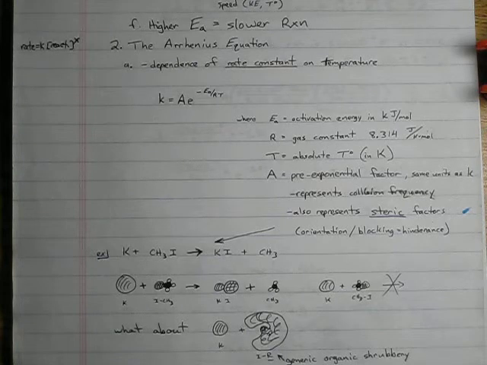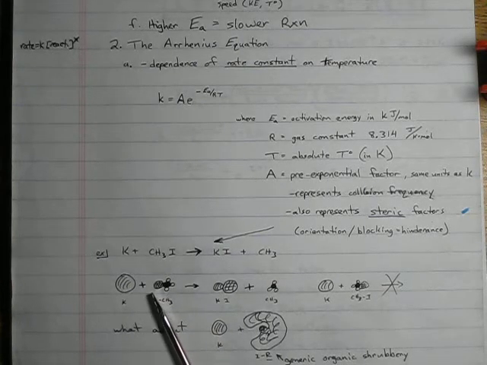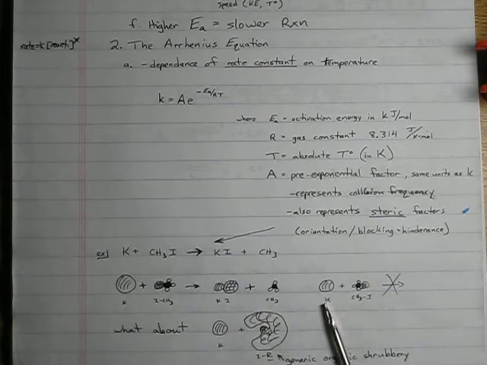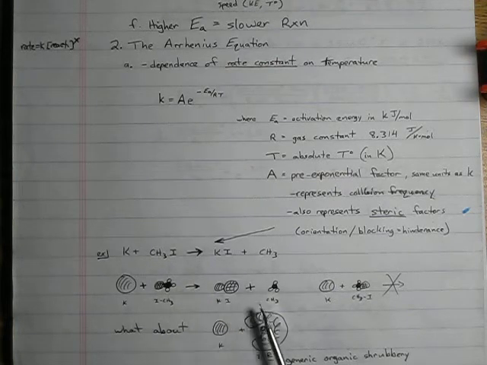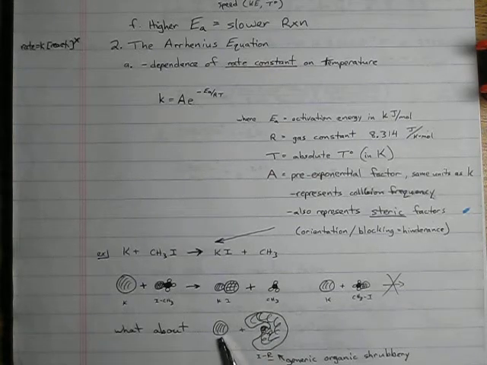Now, all of these collisions are completely random. All the molecules are in random orientations, so sometimes it smacks in this way and the reaction happens. Sometimes they hit this way and the reaction doesn't happen. Note, if you had a different molecule, instead of a CH3, you had a big organic group here that's really blocking, there's really only one way the potassium can come in, only from this direction here.